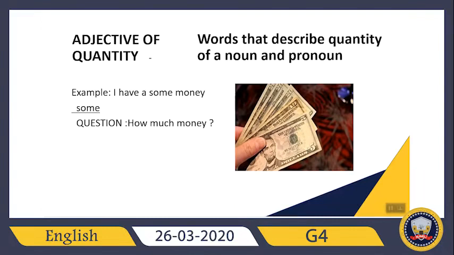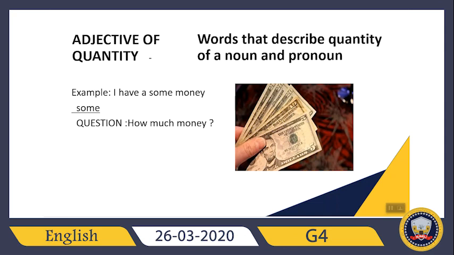The quantity in the sentence is some, because it's letting us know the quantity of the money he or she has.